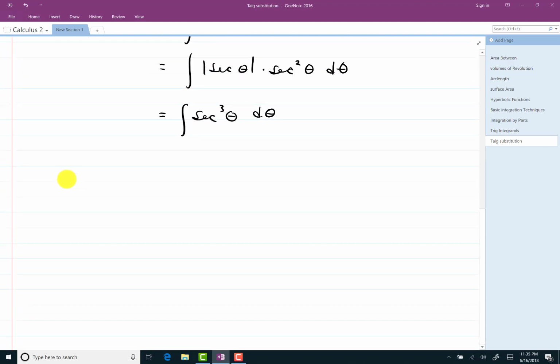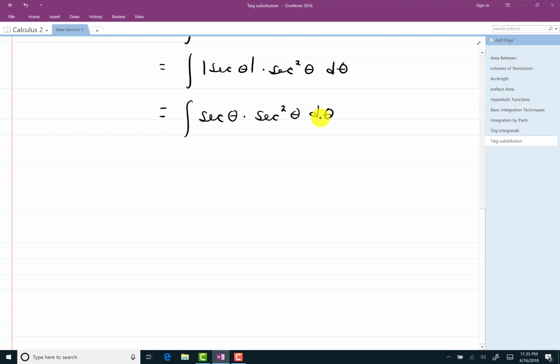Now this one itself has its own little particulars. Actually, you know what I should have done? I'll ignore the absolute value for the time being. If I had limits of integration, I would do something different, depending on where they were, of course.